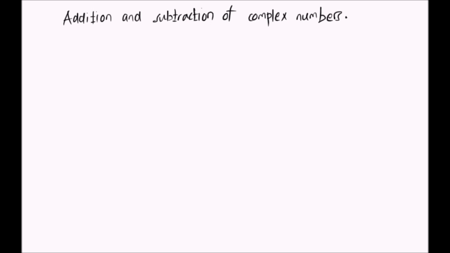So, let us say you have a complex number z1, which is equal to x1 plus i y1, and another complex number z2, which is equal to x2 plus i y2.